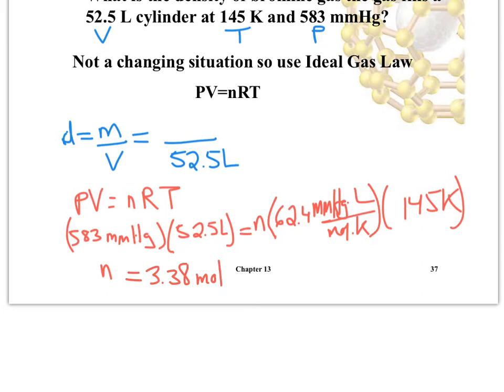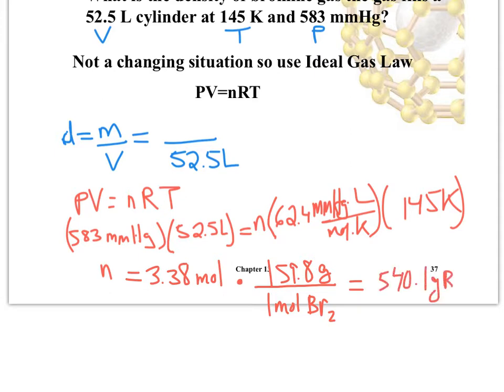So I'm going to change that to the mass using the molar mass. So 1 mole of bromine. Bromine is diatomic, remember, it's Br2. So 1 mole of bromine is 159.8 grams. And you multiply the molar mass of bromine by 2 because it's Br2. So this gives you 540.1 grams of Br2.